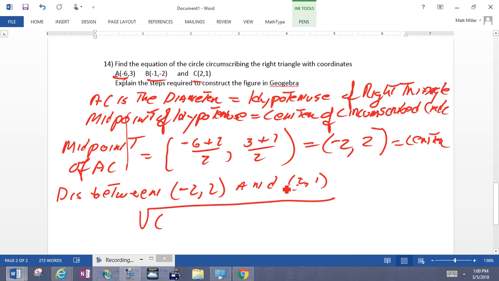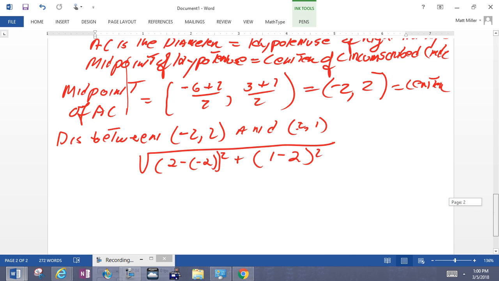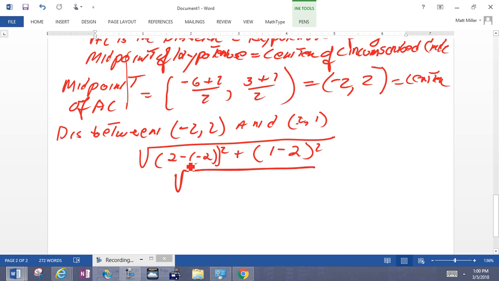It's 2 minus a negative 2, that's your signs there, squared, plus 1 minus 2, squared. Be careful, minus minus is plus, so that's 4 squared plus 1 minus 2 is negative 1 squared, which is 1. So that's the square root of 16 plus 1, which is equal to the square root of 17. That's 17, not 16.